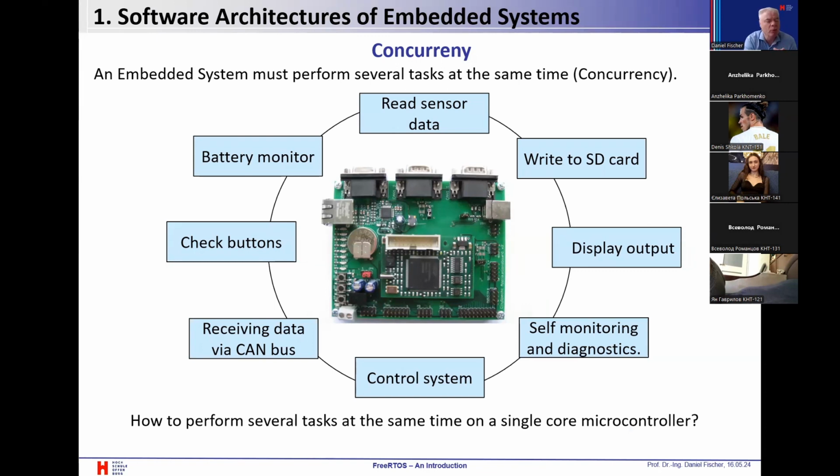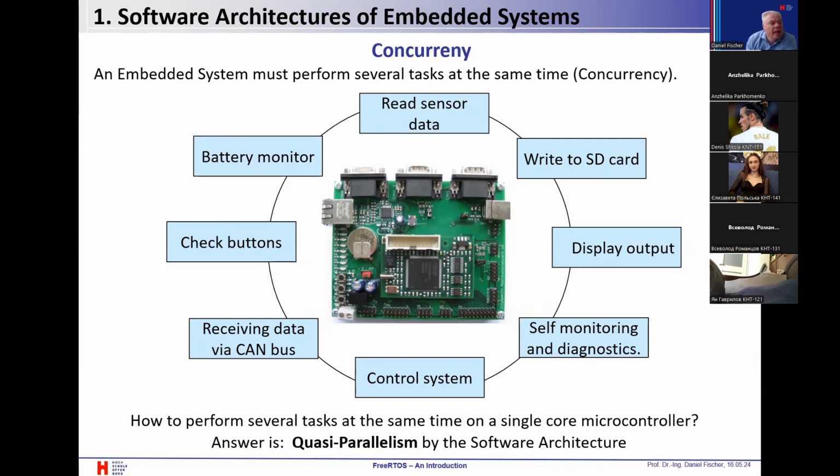The problem is now you have to do several things at the same time, and you have only a so-called single core microcontroller. That means in your chip, there's only one core. But now the question is, how can you perform this? The answer is you need a software architecture which supports you with quasi-parallelism.